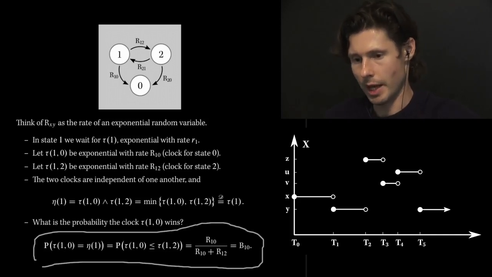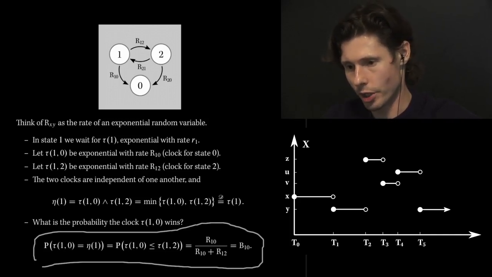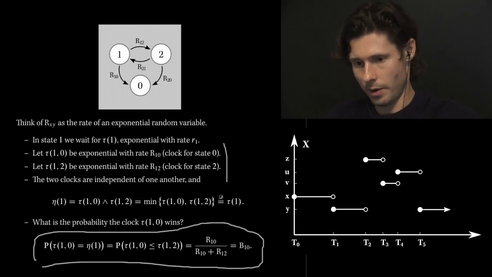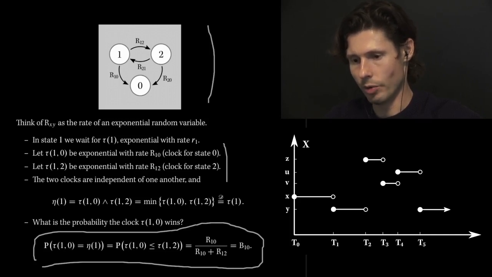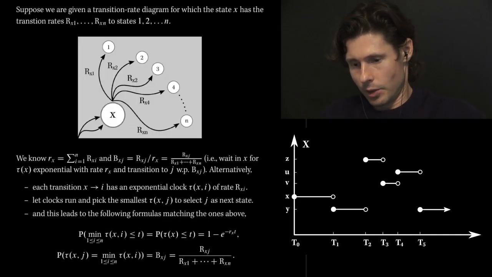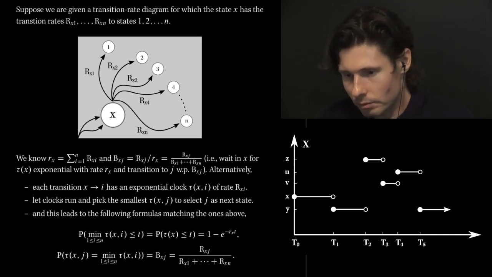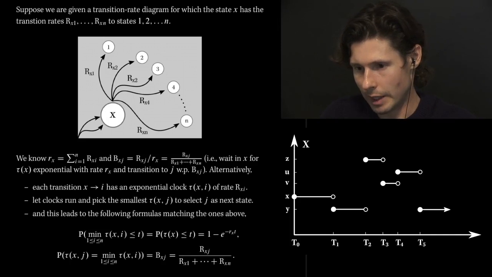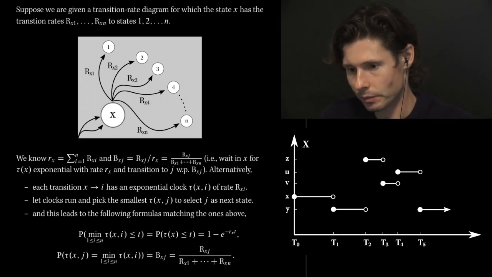You can think of it as transition rates for each state and the embedded chain, or you can use this notion of clocks for every single arrow in the transition rate diagram, so for every single transition rate in the generator, and these clocks compete to determine which state we're actually going to go to next. This would be a more generalized version of this. This is basically going to take care of any scenario that you could possibly think of.